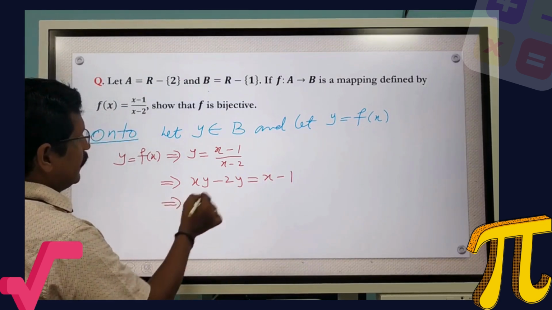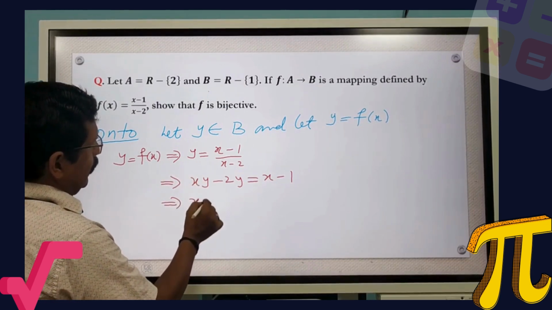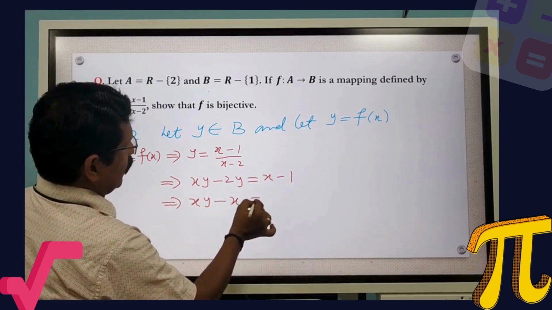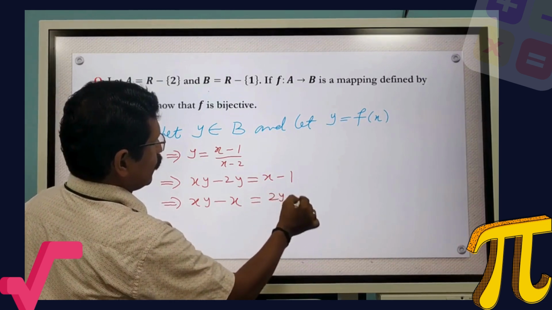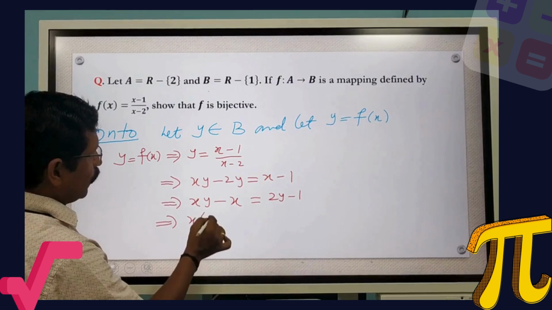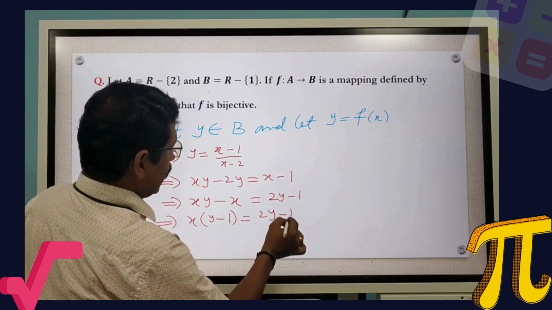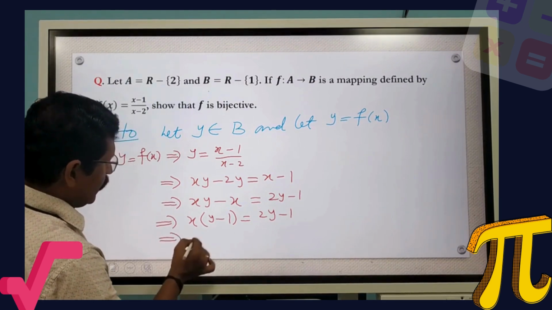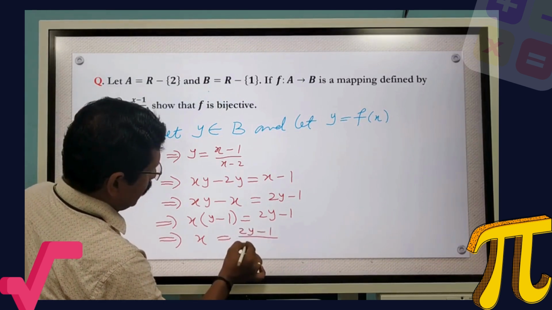Which implies, let us bring this x to the left hand side. So xy - x is equal to, let us bring the 2y to the right hand side, 2y - 1. So x(y - 1) = 2y - 1, which implies x = (2y - 1)/(y - 1).